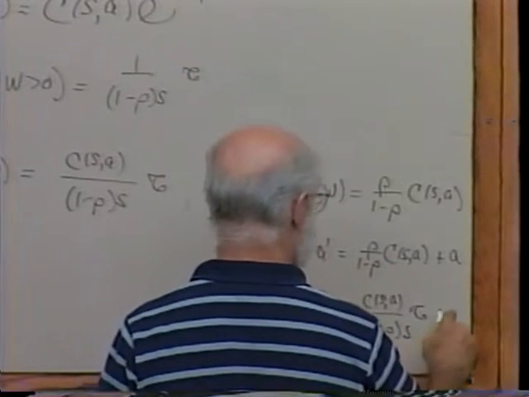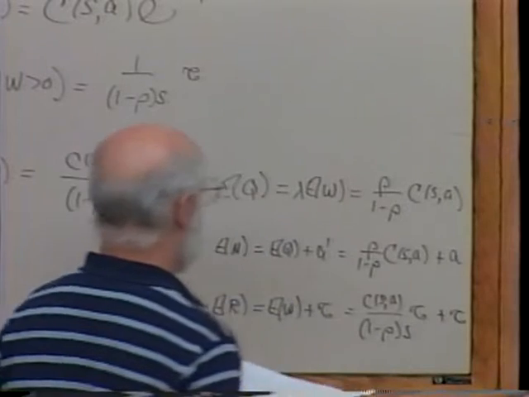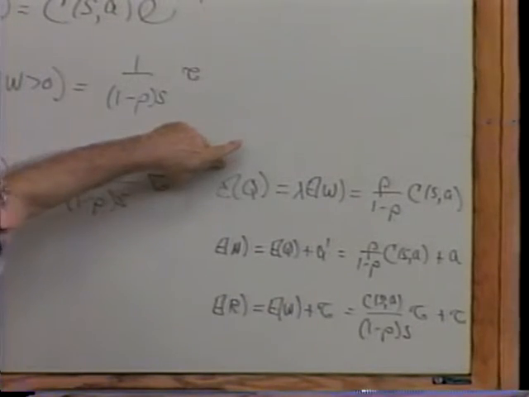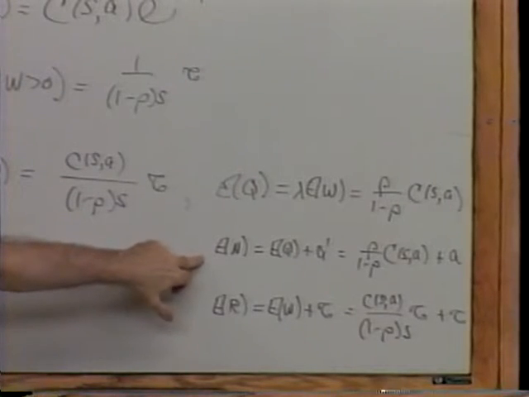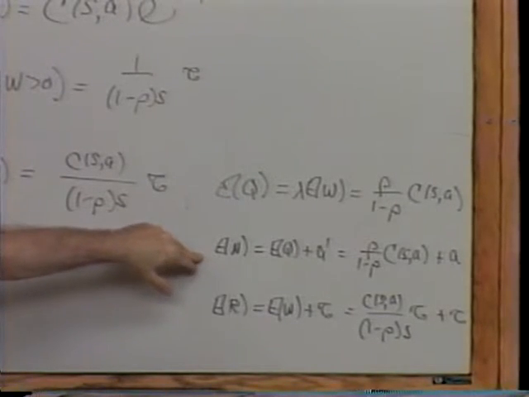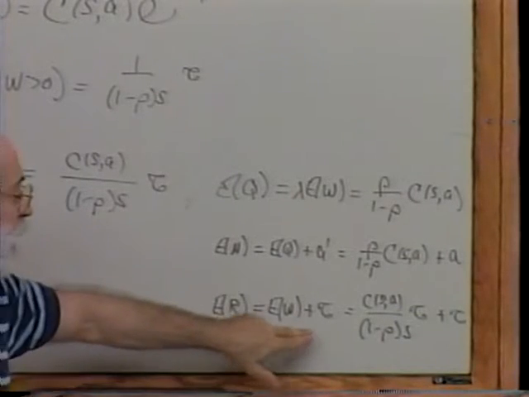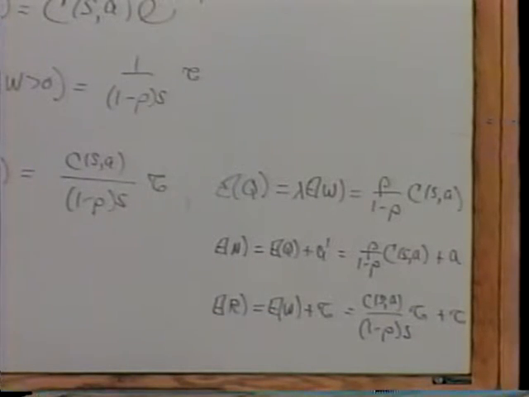That's the average waiting time plus tau. So now you have simple formulas for average waiting time, average queue length, average number in system, which is queue length plus in service, and average response time, which is average waiting time plus average service time.